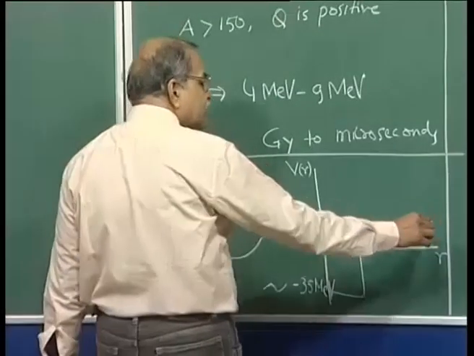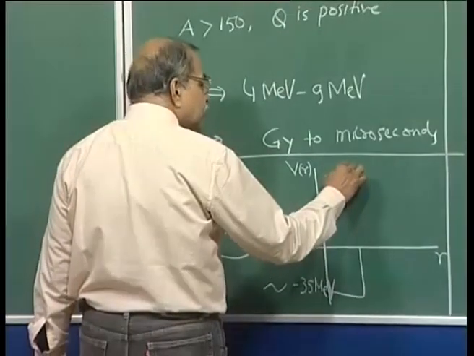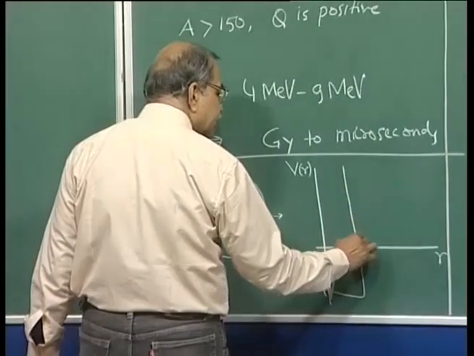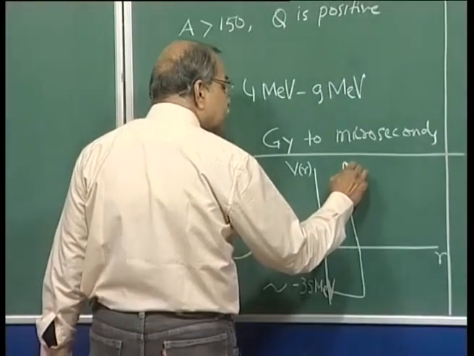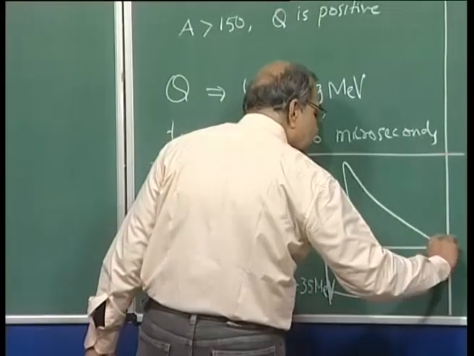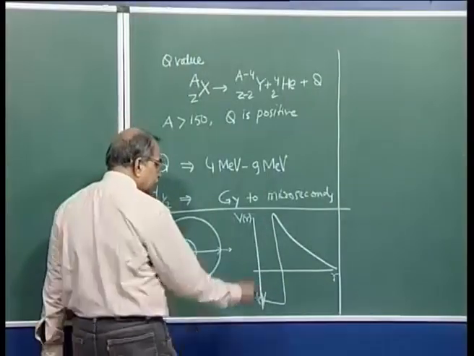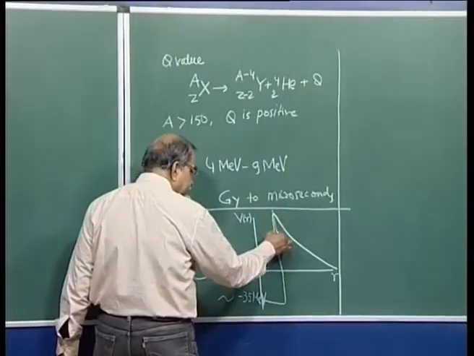That Coulomb interaction will be 1 by r type, so you can approximate it with this type of function, where this part is the Coulomb part. This is that barrier height.